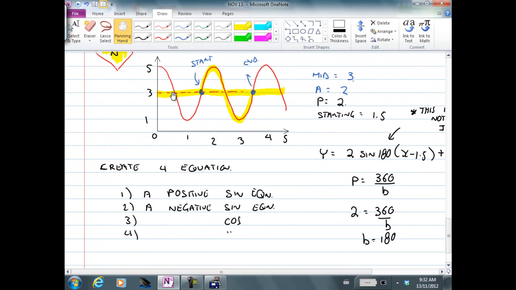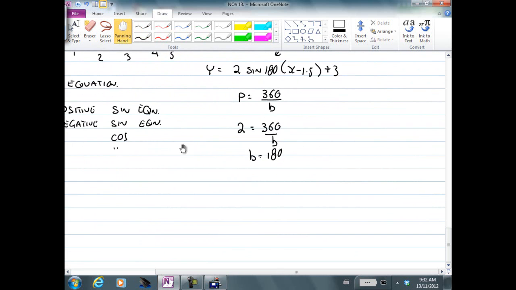If I look at my negative sine, would you agree my negative sine starts right here? The period, everything stays the same. Only thing is your starting point. Yep. Negative sine starts right here, because that's a negative sine graph. Goes down. See? I'm going to highlight it, isolate it for you. Here's a negative sine graph. So let's write down my negative sine equation.